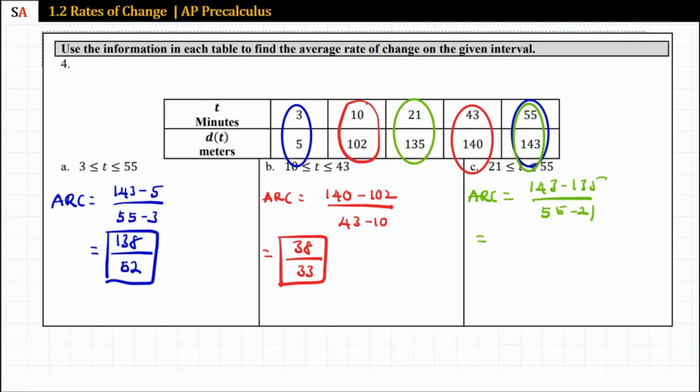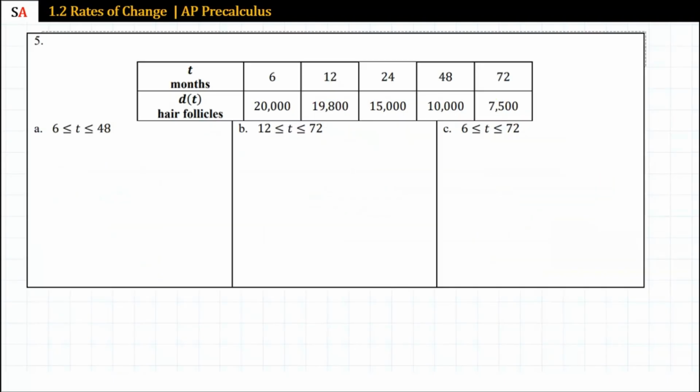So 143 minus 135 is 8, and 55 minus 21 is 34. So 8 over 34 is the average rate of change. For this one you can use the calculator and approximate. Now let's move to the next problem.